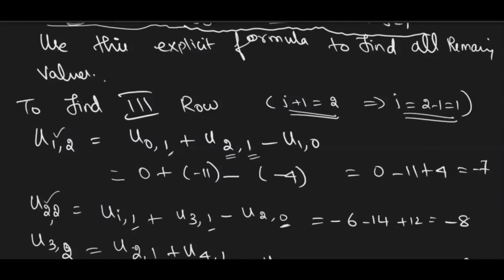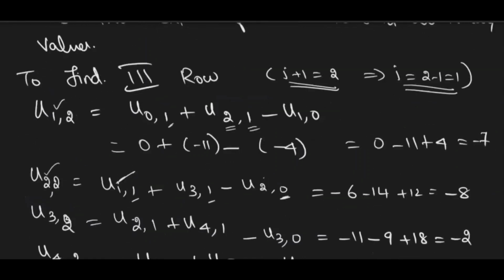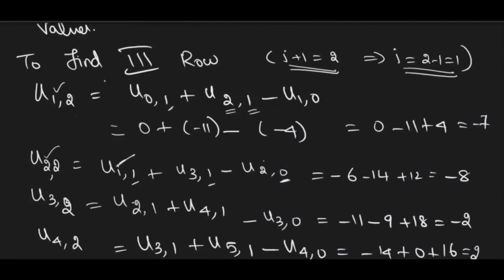So 2 minus 1 is 1, this I have written. Then, if you see the formula, this is i minus 1, and this is i plus 1, the middle one, and the second one is i. So here i minus 1, that is 2 minus 1 is 1. 2 plus 1 is 3. And then this is u of i itself, so we have written 2.